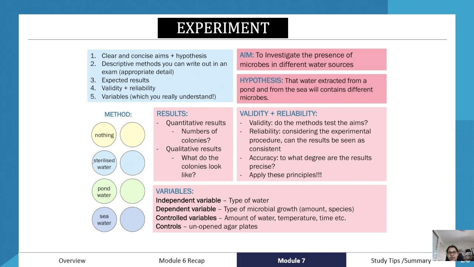This might differ based on what your school decides to use. If they want to use water from a nearby lake instead of the sea, whatever works. But you'll probably have these four sets essentially.